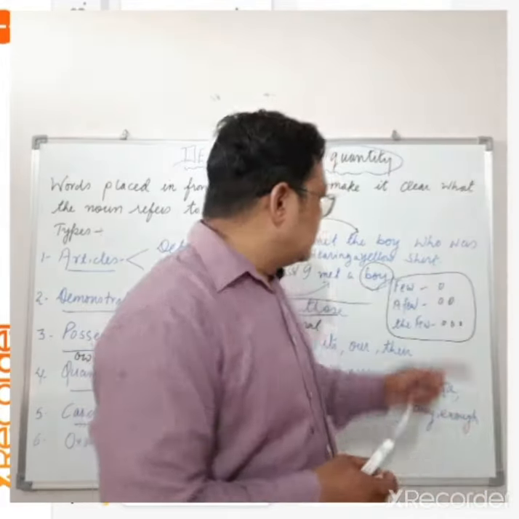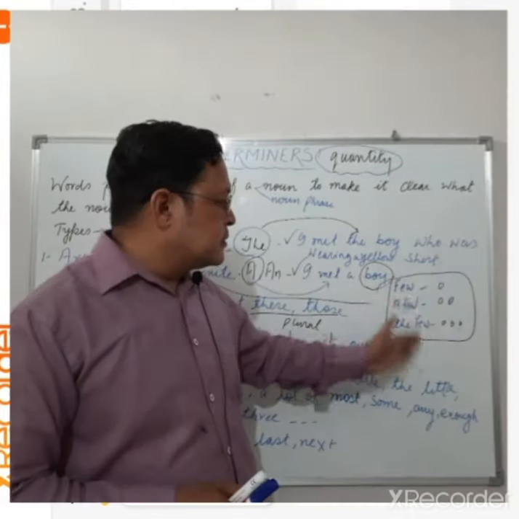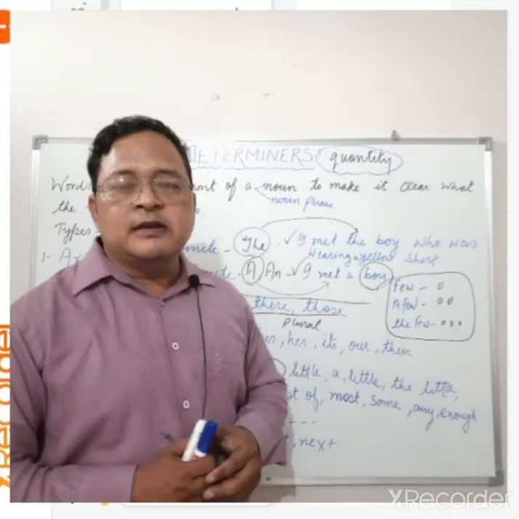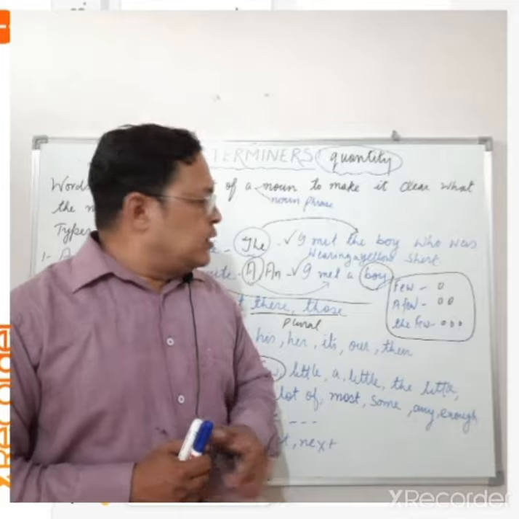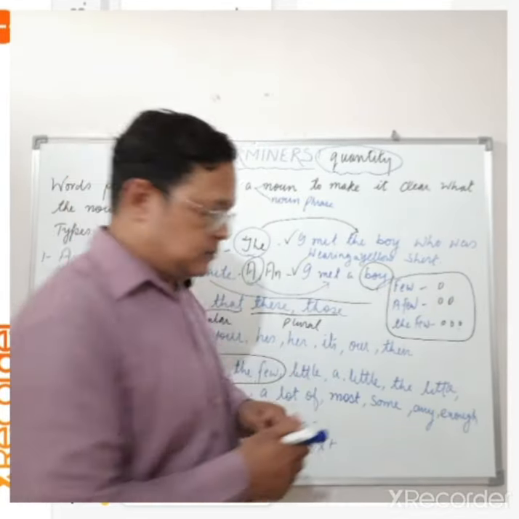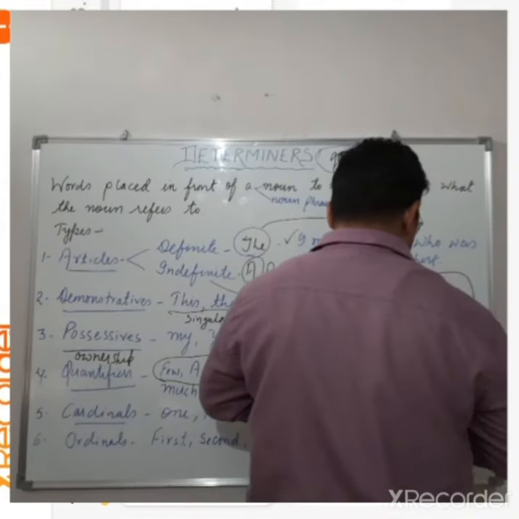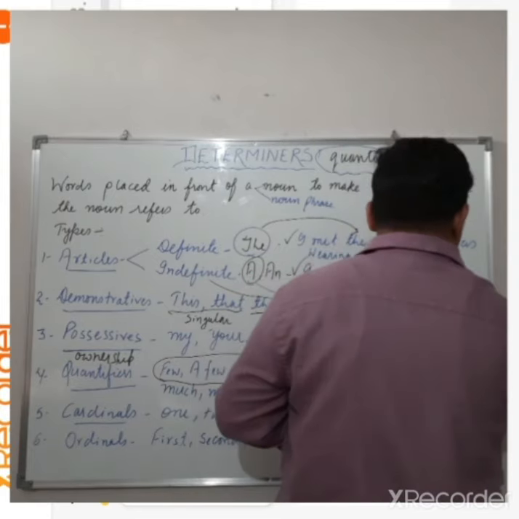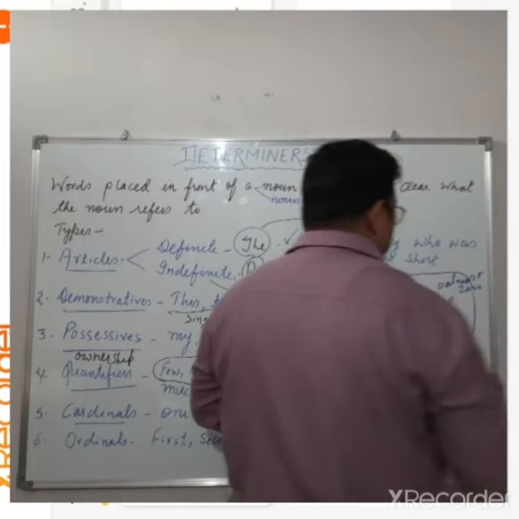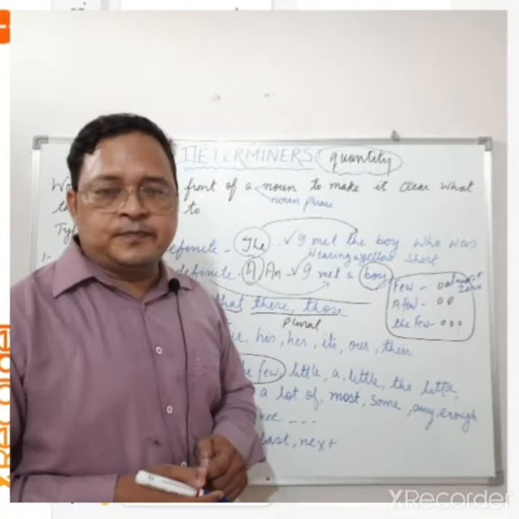I think children, this particular image makes the point clear in front of you, the difference between few, a few and the few. So few means almost zero.